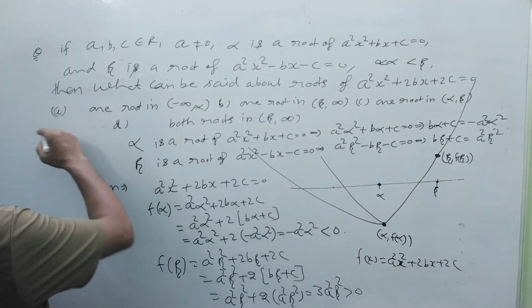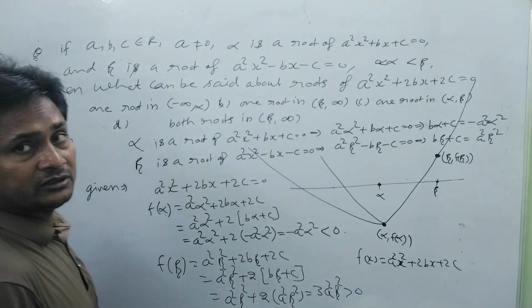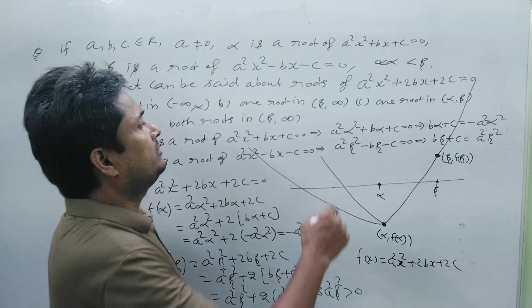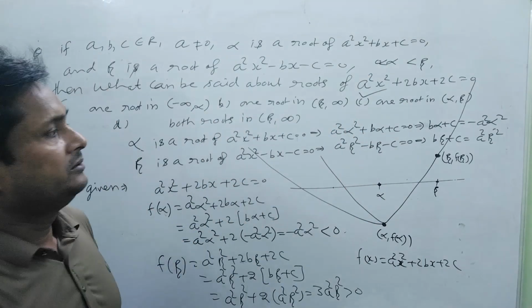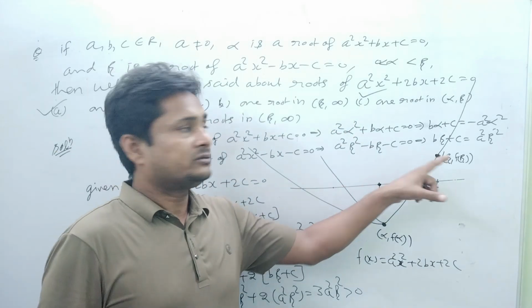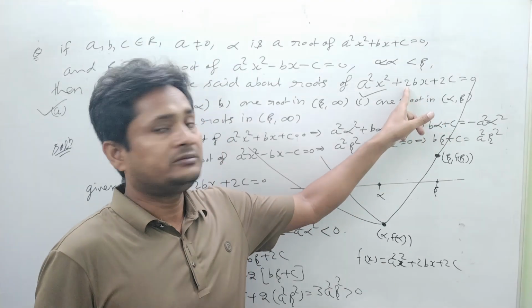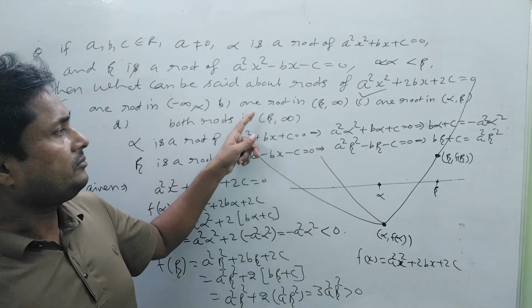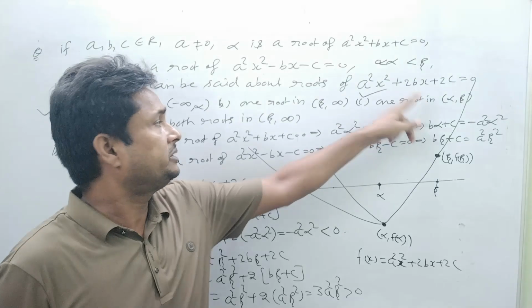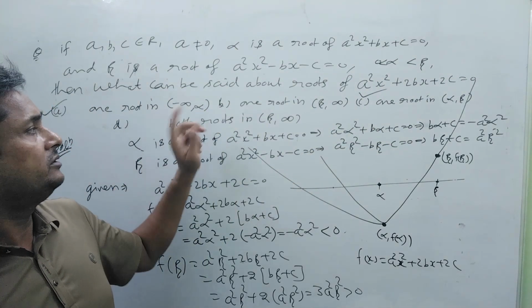So the first answer is correct. One root in minus infinity to alpha, and one root in alpha to beta. This can be said about this quadratic equation with surety.